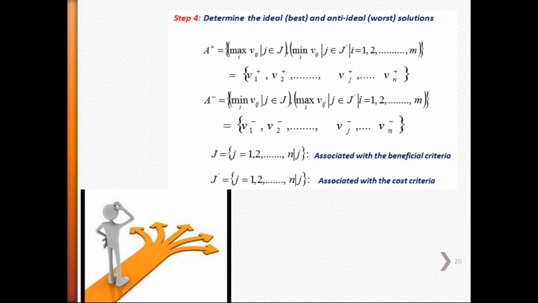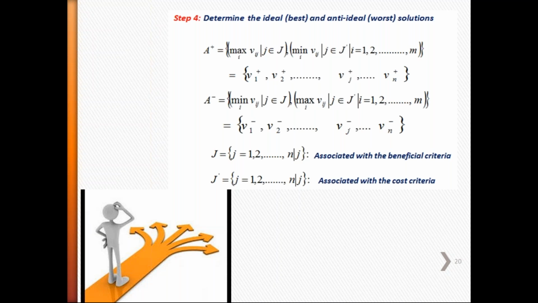A plus, how to determine A plus? By definition, the ideal solution maximizes all benefit criteria and minimizes all cost criteria, and the anti-ideal solution minimizes all benefit criteria and maximizes all cost criteria.